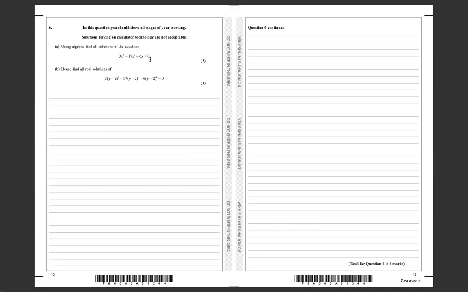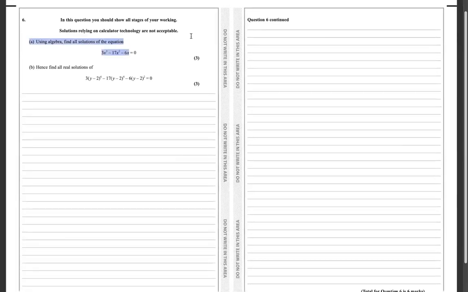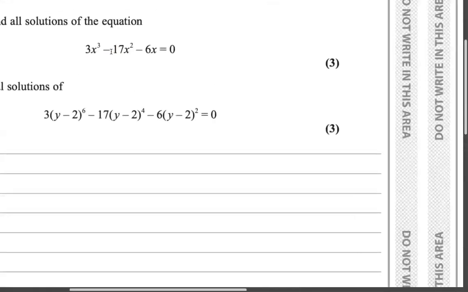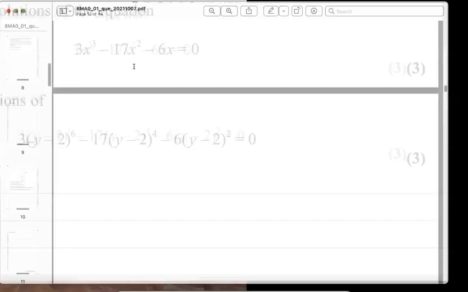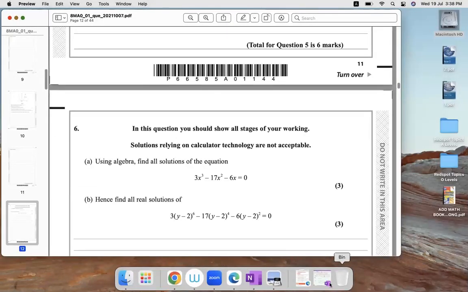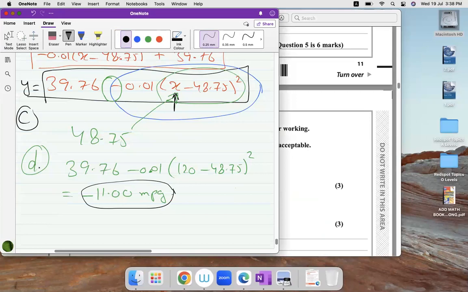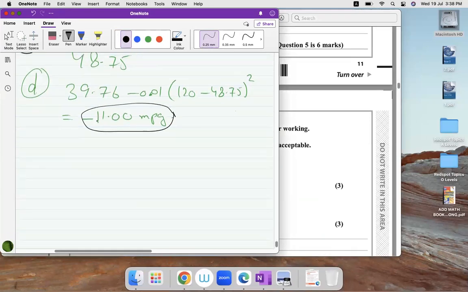Now you have a cubic equation. If you look at this, can we just take x common? This is 3x cubed minus 17x squared plus 6x.